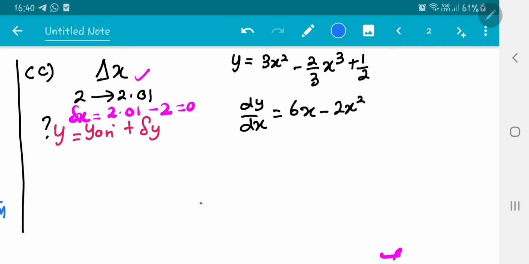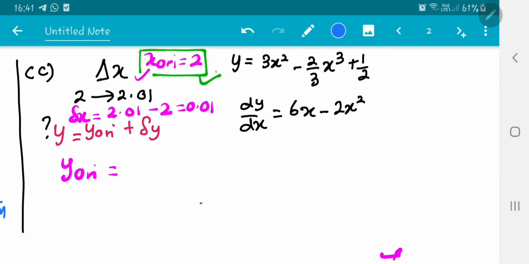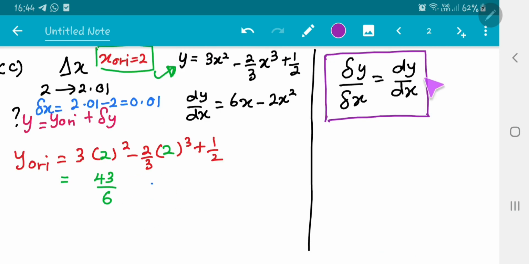You akan dapat 0.01. So this is the value of delta x. Here the original value of x is 2. So to find the original value of y, masukkan x original ke dalam equation ini. You ganti masuk x original, which is 2. So the original value of y is 43 over 6.